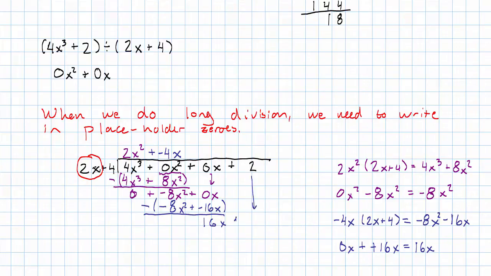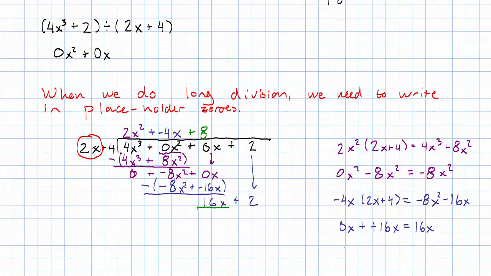And bring down the 2. One more round of division. 2x goes into 16x. Well, 16 divided by 2 is 8. X divided by x is just 1. I don't have to write that out. So I've got 8 times 2x plus 4. That'll be 16x plus 32.